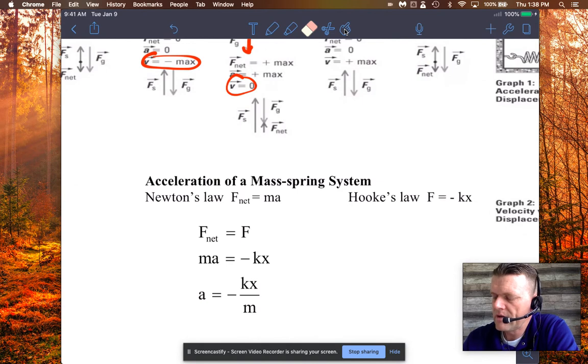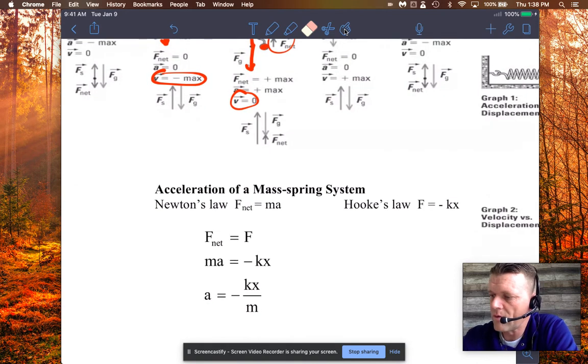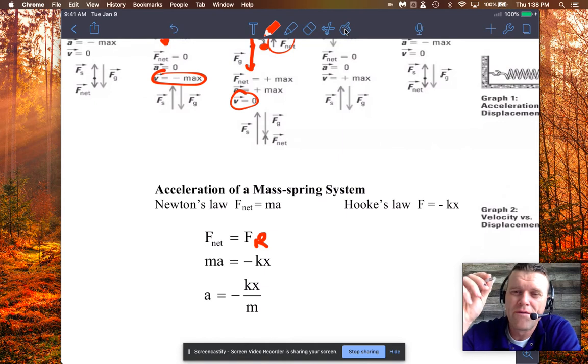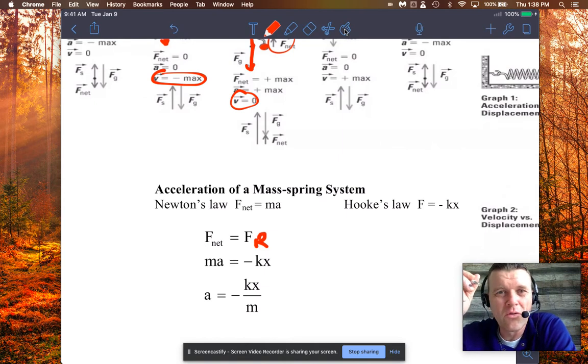At any point in the movement of the spring, if you have a restoring force, we call it Fr, but the restoring force is going to be the net force. There's gravity acting downwards on it, but that's being canceled by the normal force. So the unbalanced force on the system is really coming from the spring.